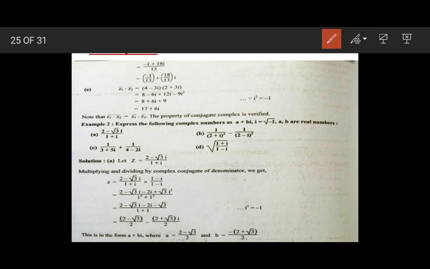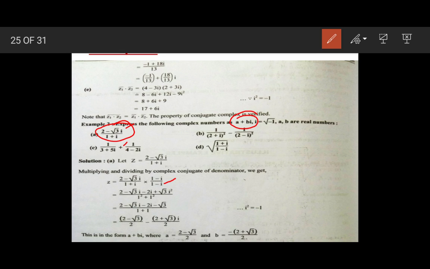Now we will see example 2. Example 2 is: express the following complex number in a plus bi form. See, in part A, in the numerator there is a complex number, and the denominator is also a complex number. So we will use the division concept.